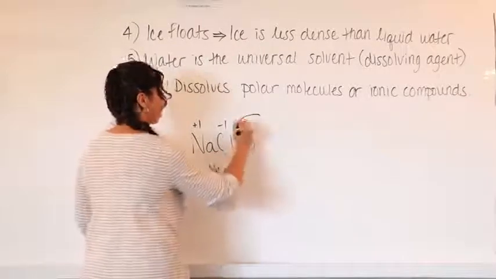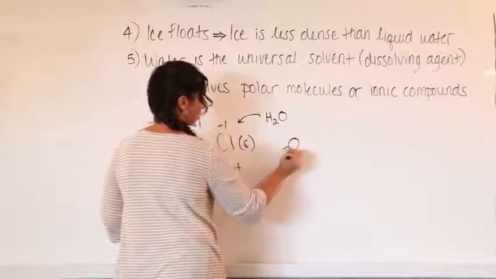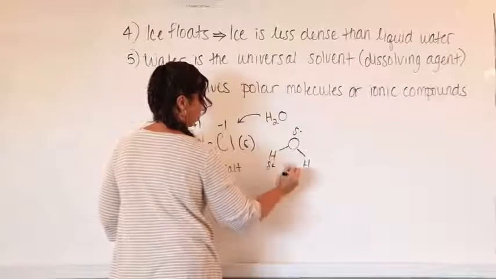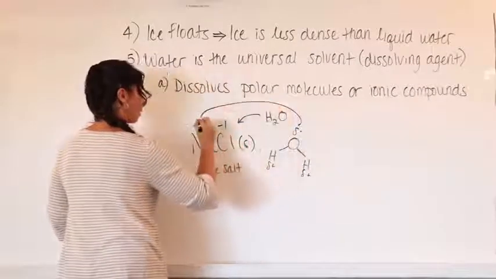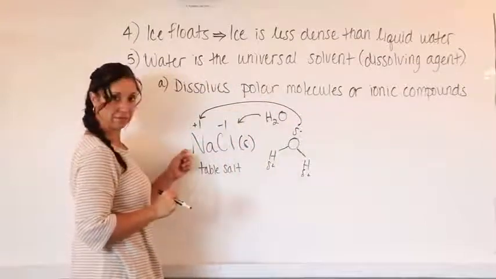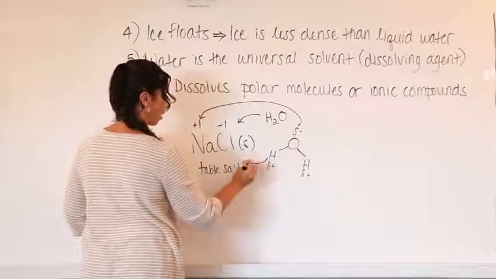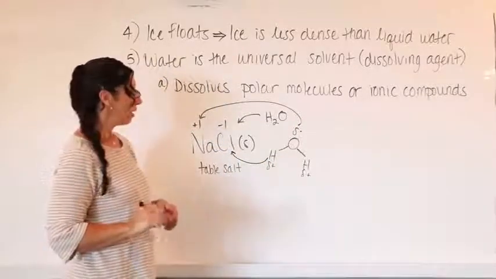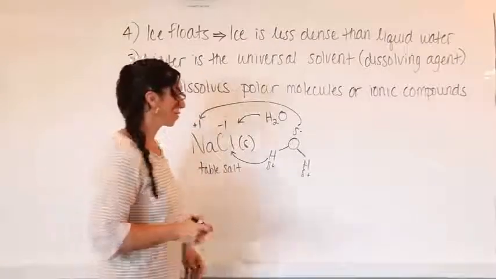Add some water to the mix, and since water has your partial negatives and your partial positives, this partial negative is going to be attracted to that sodium ion, because negatives and positives will attract. These hydrogen ions, or atoms, are going to be attracted to this chloride ion. So here's what salt water actually looks like inside a glass of salt water.